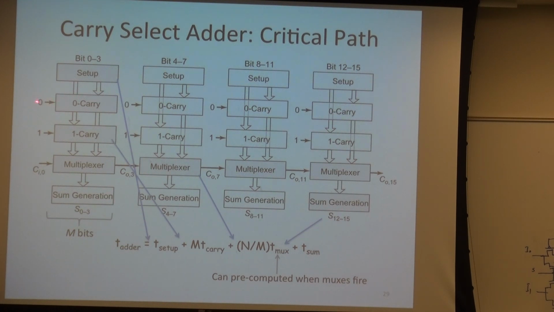Assuming the input carry is 0, I set up all the values over here simultaneously in this block. Assuming the input carry is 1, we set up the values, and then we will be taking one of these values depending on the value of the carry over here.